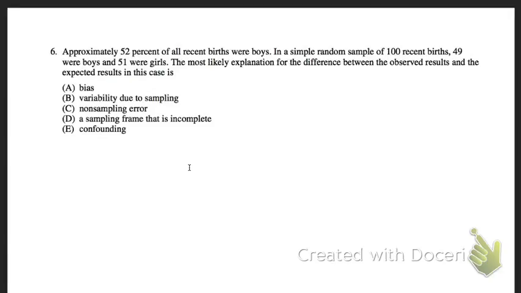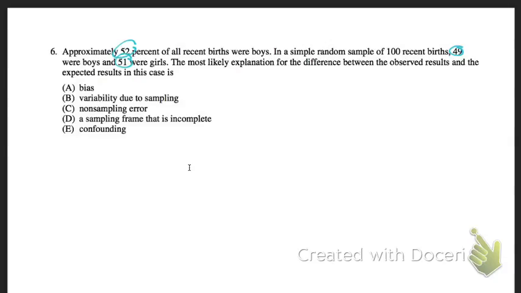Okay, so 52% of all recent births were boys. In a random sample, 49 and 51. So these numbers are so close together that it doesn't give me evidence to change my view or change the hypothesis that 52% were boys. Like this is the population number, I guess. What's the cutoff?